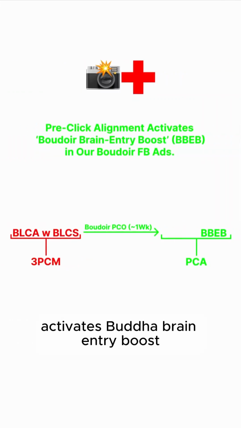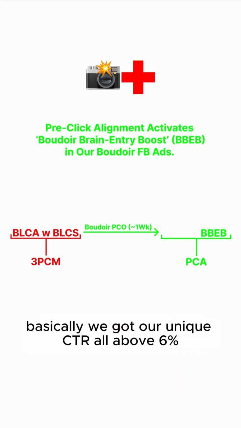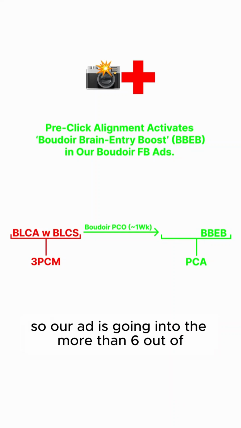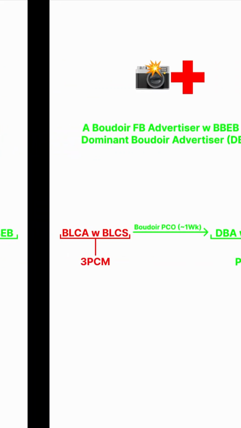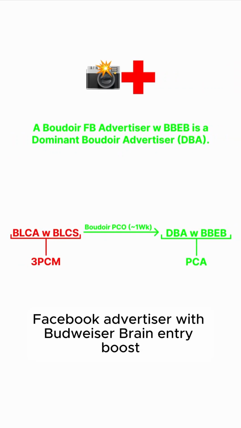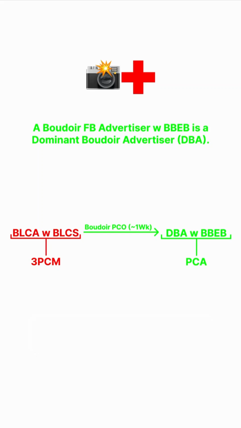And pre-click alignment activates Boudoir brain entry boost in our Boudoir Facebook ads. Basically, we get our unique CTR all above 6%, so our ad is going into the brains of more than 6 out of every 100 women. And a Boudoir Facebook advertiser with Boudoir brain entry boost is a dominant Boudoir advertiser, a DBA.